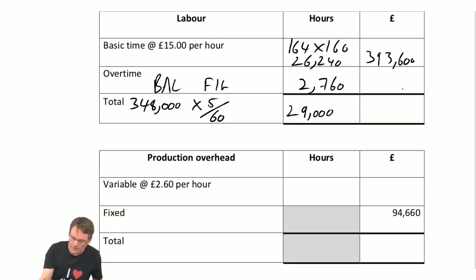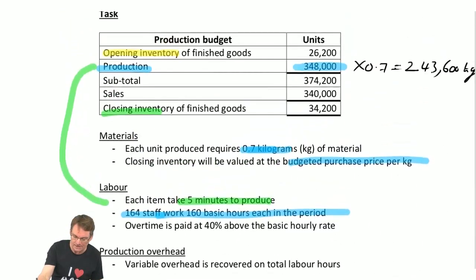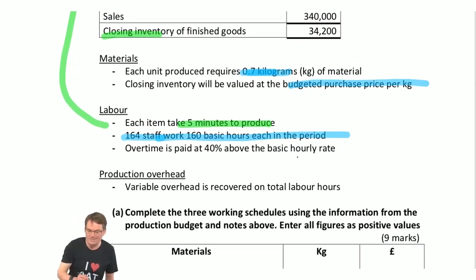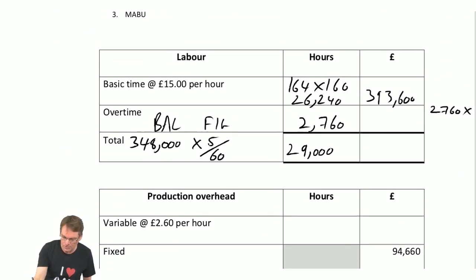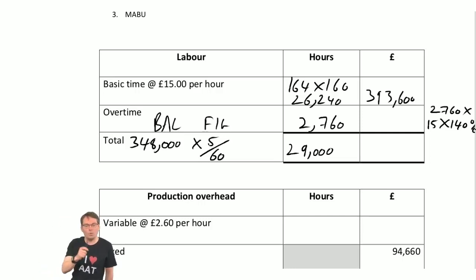We have got the overtime, I've got 2,760, and it tells you that overtime is paid a premium 40% above the basic hourly rate. So in other words, 15 is what they should earn, 40% above that is 140%.